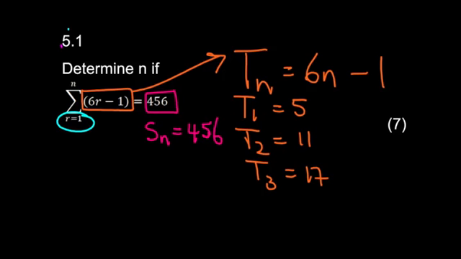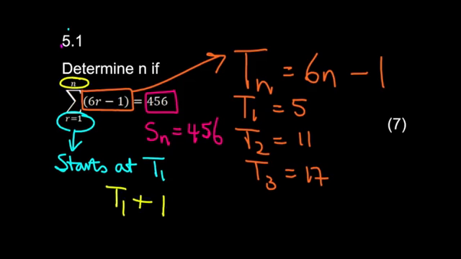So this is where my sequence begins. It starts at T1. And where does it end? It will end there. So it looks like this: T1 plus T2 plus T3 plus all the way to Tn.